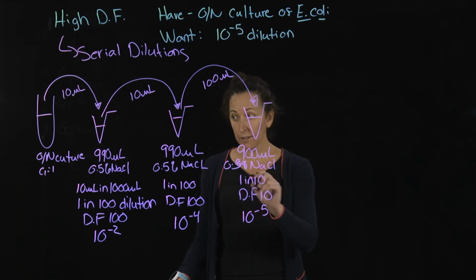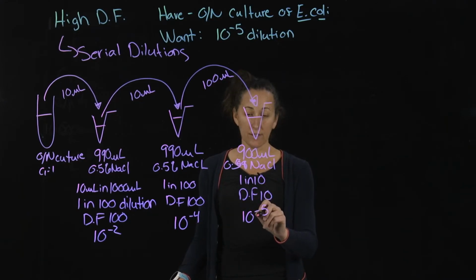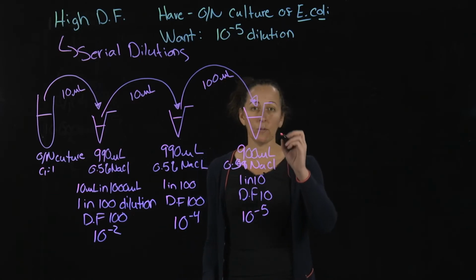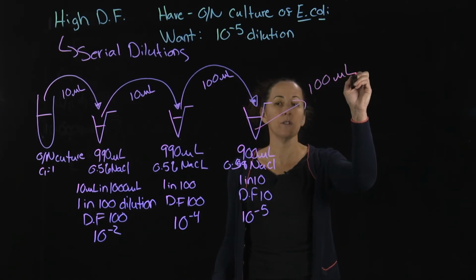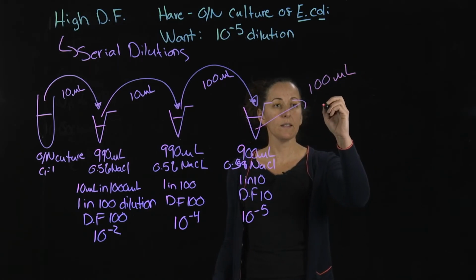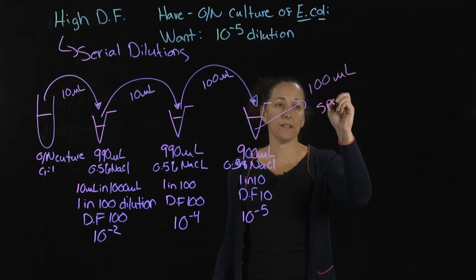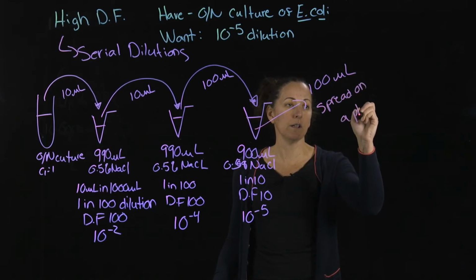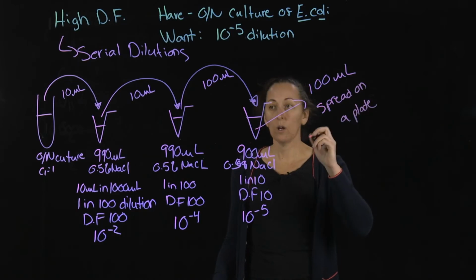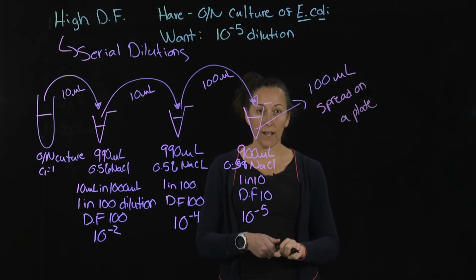So we will often dilute down to 10 to the negative 5 or 10 to the negative 6. To plate, we take 100 microliters out of our dilution and spread it on a plate. We then incubate that plate overnight.